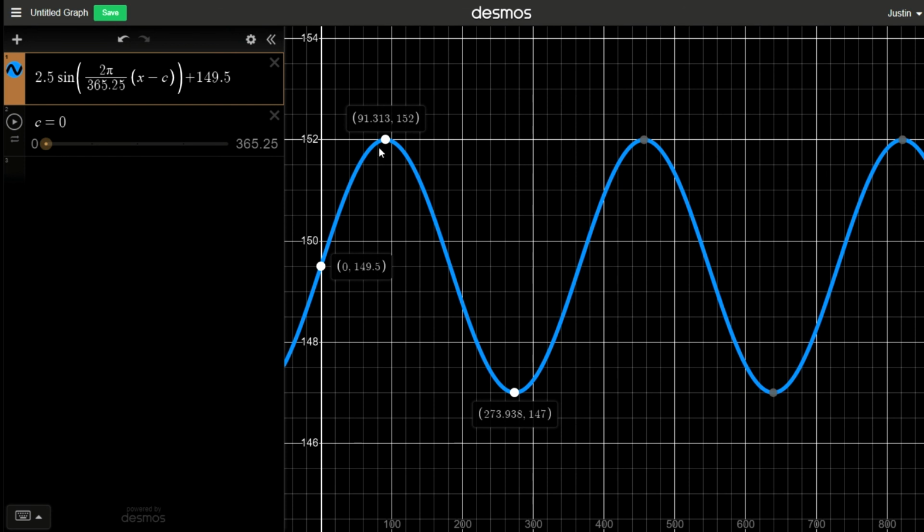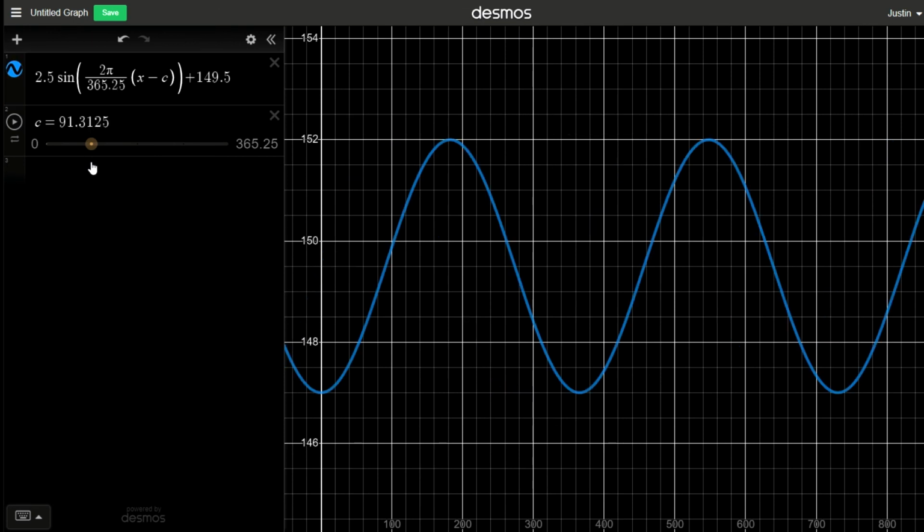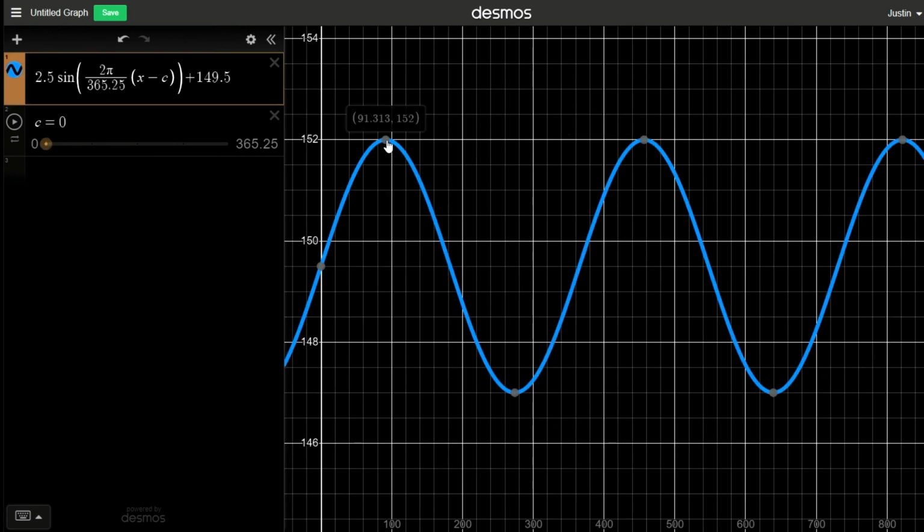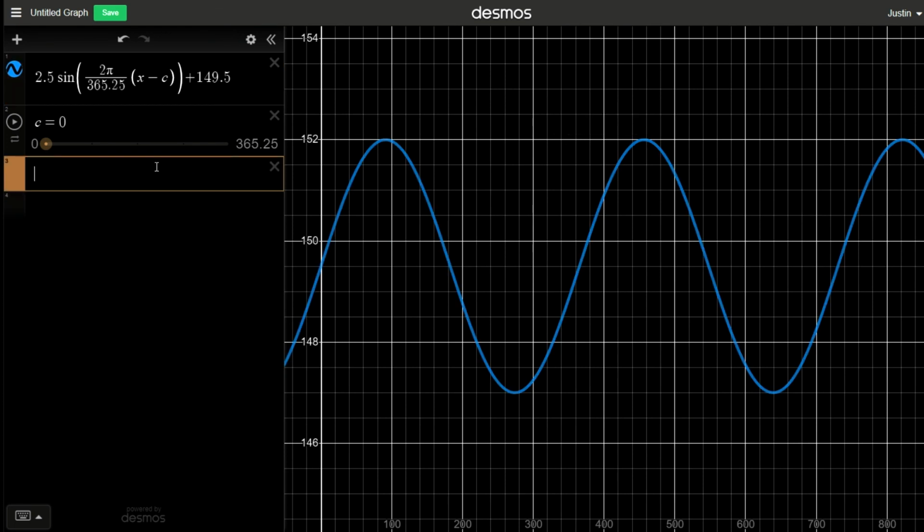And what you should find here, guys, is the distance from one maximum to the other maximum. Now, I know those are kind of weird numbers, but that's because of the decimal we're working with. So from one maximum to the other maximum, is this a period of 365.25?